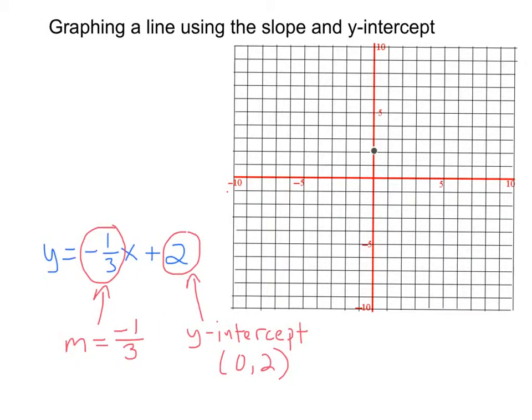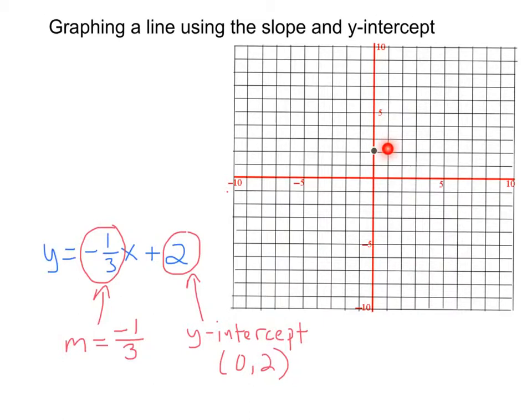Now the slope is negative 1/3. That means we should go down 1 and to the right 3. So starting from this y-intercept right here, we're going to go down 1 and to the right 3.